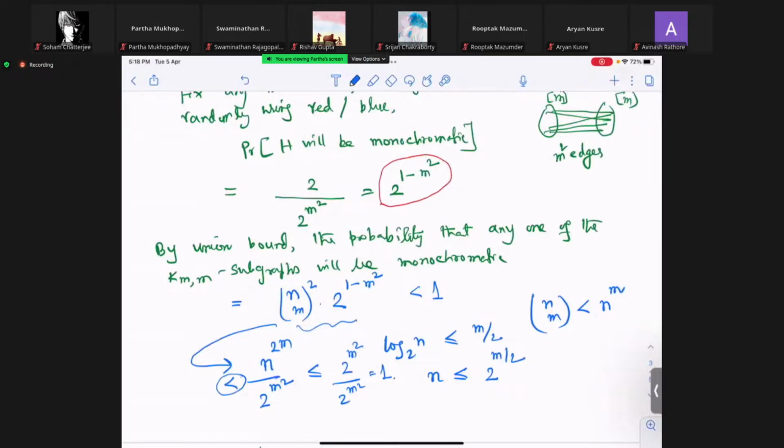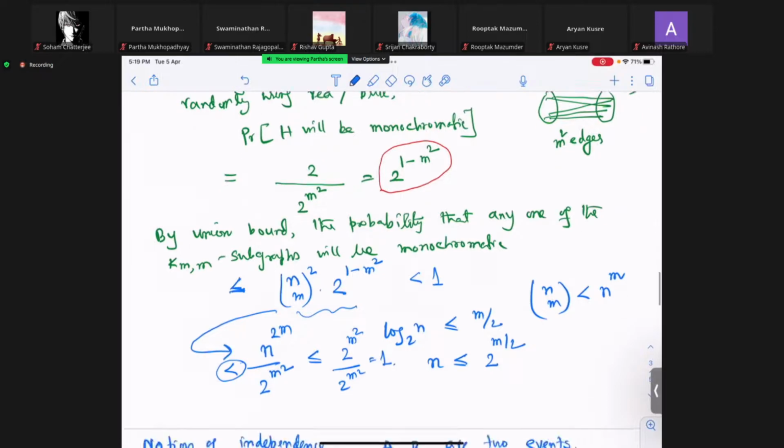By union bound, the probability that any one of the K_{m,m} subgraphs will be monochromatic is equal to that quantity. But wouldn't there be a less than or equal to sign? Yes, technically speaking, this is at most that quantity. You're right. Thank you.